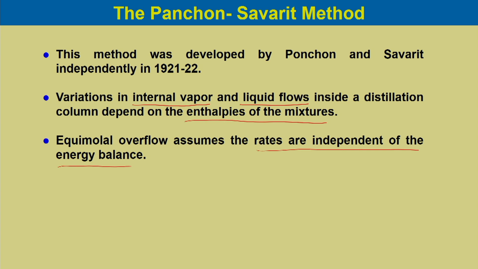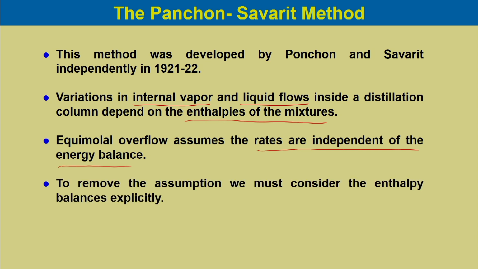We need not have this change of flows inside the column, because we have considered only equimolar overflow for all the trays inside the column. So, we need not have the energy balance for that, but to remove this assumption, we must consider the enthalpy balance explicitly. Along with the component mass balance and the species mole balance, we need to consider the enthalpy balance equations explicitly.